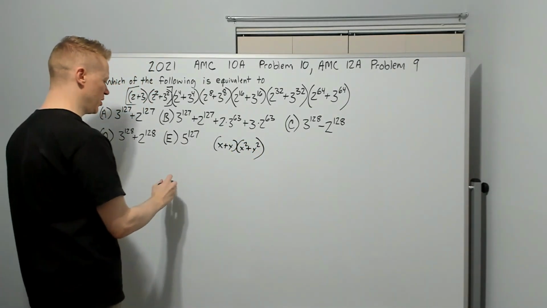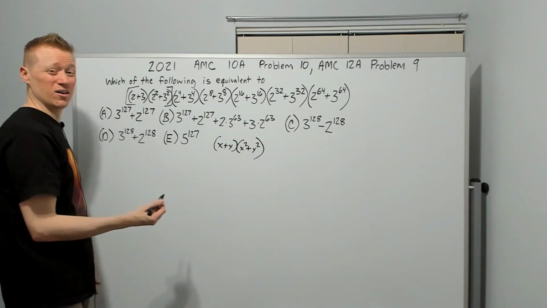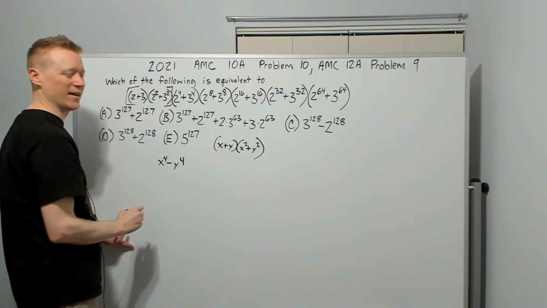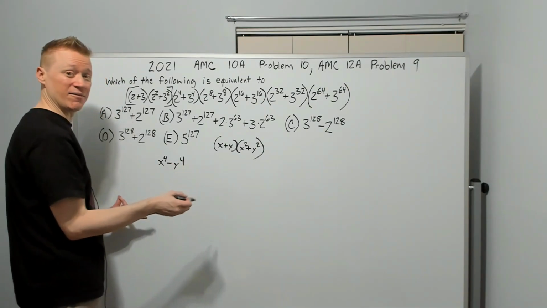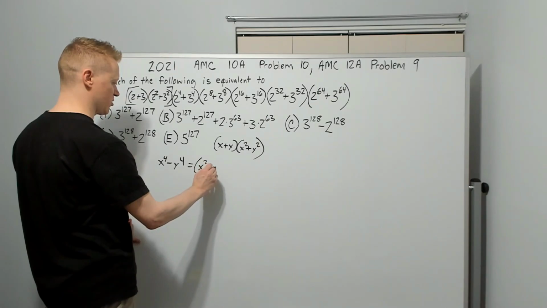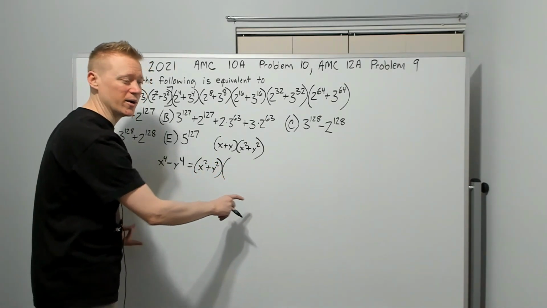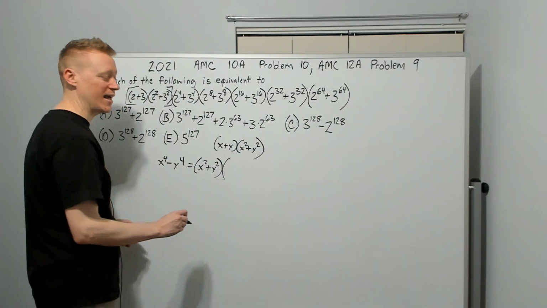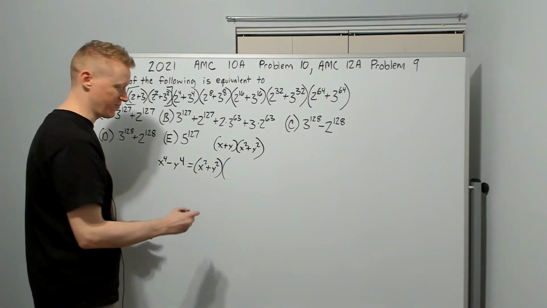Well, if you've ever broken down difference of squares with a really large power of 2, like let's say you had x to the fourth minus y to the fourth, okay? If you did it quickly, which you probably have if you did it in a competition, you would get x squared plus y squared times x squared minus y squared, but you wouldn't write x squared minus y squared because you're thinking ahead and you recognize that what you're about to write is still the difference of squares.